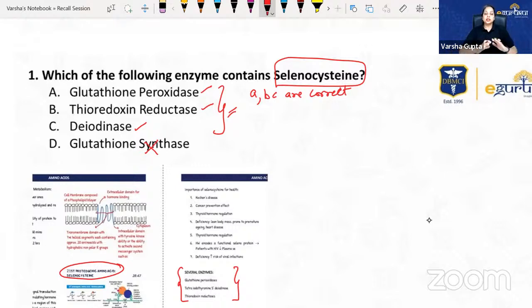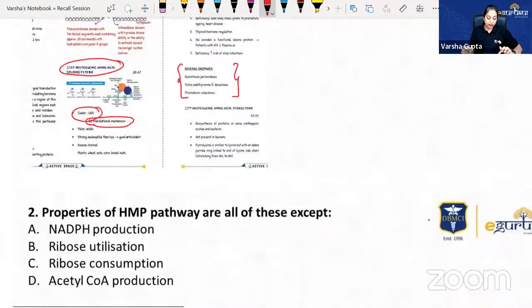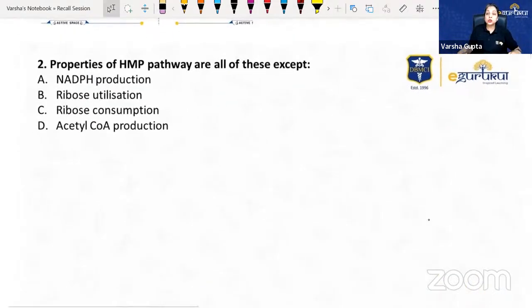But the important aspect from the question is to know that particular topic, because selenocysteine comes under the high yield topics. So we should know about its structure, its synthesis, the codon, the enzymes it is related to, or any special mechanism it is involved in. So the three choices are correct, and those students who have attended the classes know it very well.